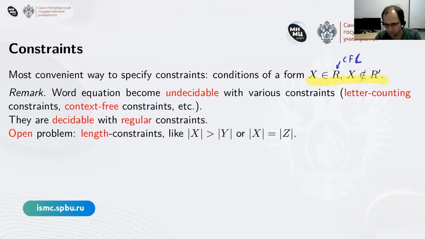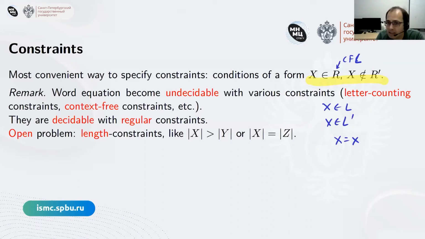This is relatively easy to show because you do not need any equation whatsoever. We just say that x is in one context-free language, x is in some other context-free language, and we ask whether the equation x equals x is satisfiable, which means that the intersection of those two context-free languages is non-empty.